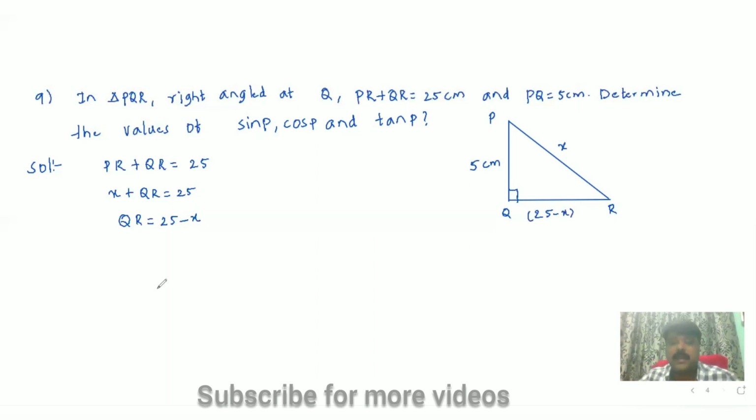Let us apply Pythagorean theorem. That is PR square equals PQ square plus QR square. X square equals 5 square plus 25 minus X whole square.